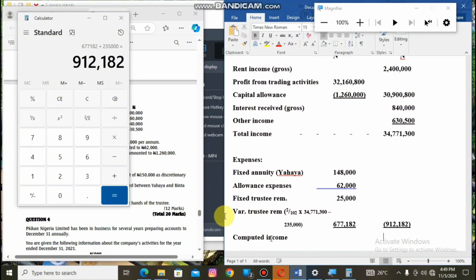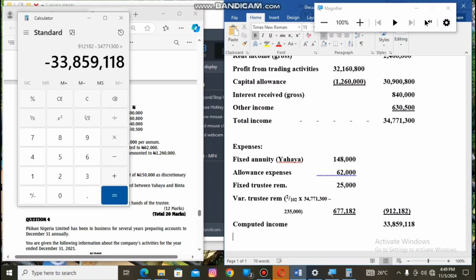So computed income. We deduct, minus 34,771,300. That will give us 33,859,118. Alright, the next thing now is to subtract your discretionary payment.